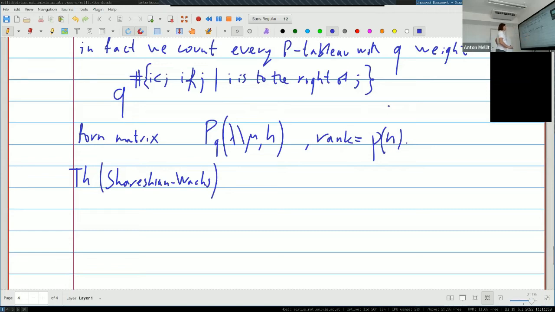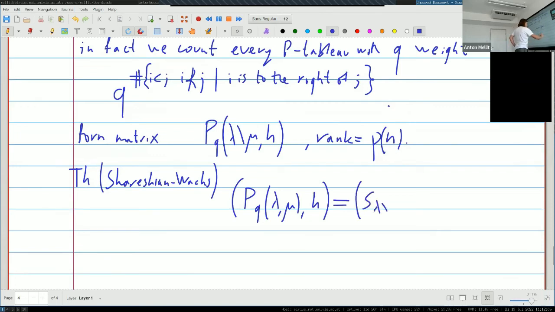That P q H equals, again, the scalar product of this Schur function, and on the other side you have this I call chi, which is the so-called chromatic quasi-symmetric function.